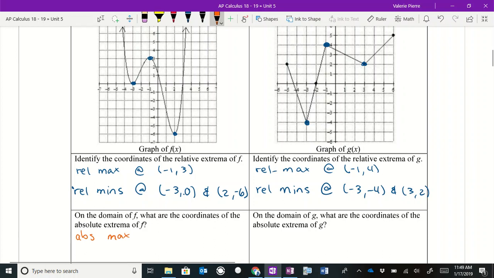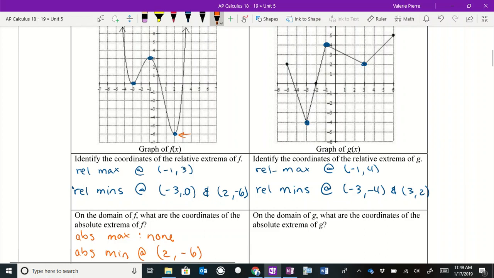Since this graph increases forever on the left and the right, the absolute max does not exist. Right, so there is no absolute max. Absolute min, the lowest point of our graph, is at the point (2, -6).